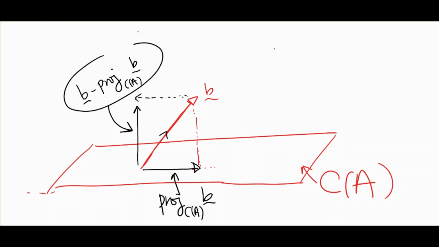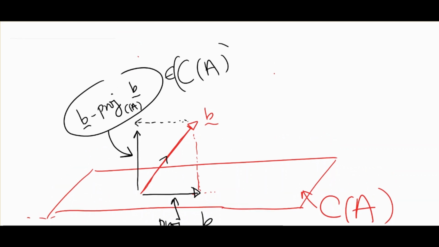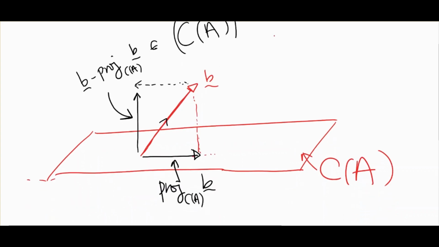We know that this quantity is definitely orthogonal to every element in the column space of A. So we say that B minus the projection of B onto the column space of A is a member of the column space of A perp. That's everything that we know.